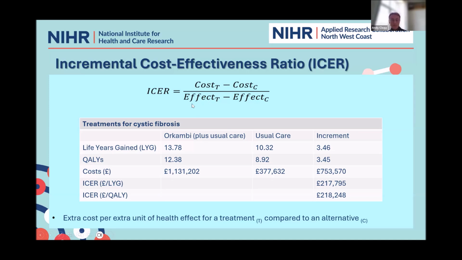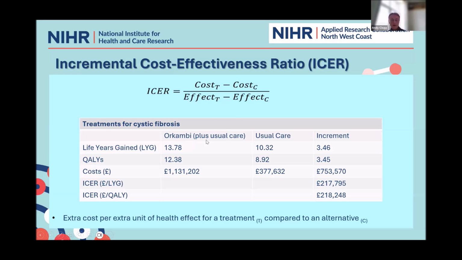On the table there is cystic fibrosis, which is a very problematic disease, partly because of the consequences it has for people, but also because of the availability of treatments. There are very few treatments available for it at all. And some new treatments have been developed over the last probably about 6 or 7 years. One of them is called Orkambi, which is added to usual care.